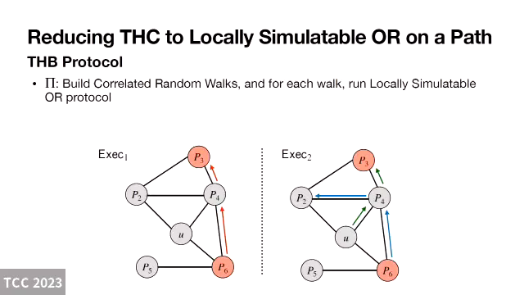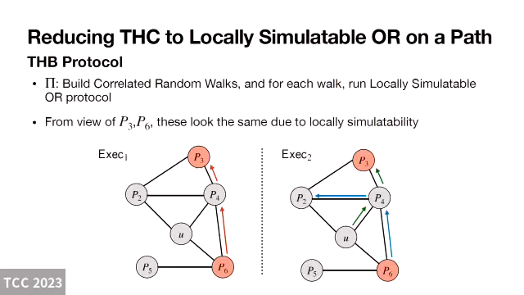And I argue that by using locally simulatable, even though the simulator doesn't know which of these walks actually happen, it just needs to locally simulate the view of P6 as the 1st node on a path protocol and P3 as the 3rd node on a path protocol in both of these worlds.